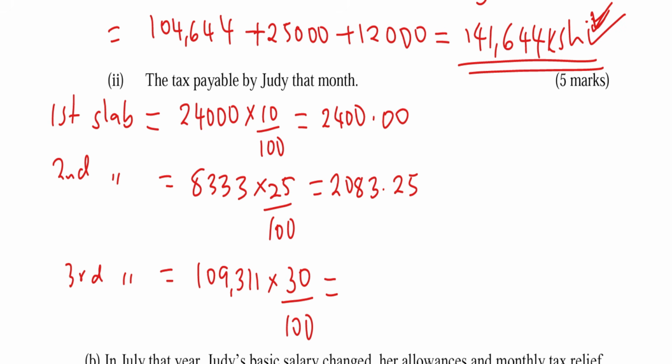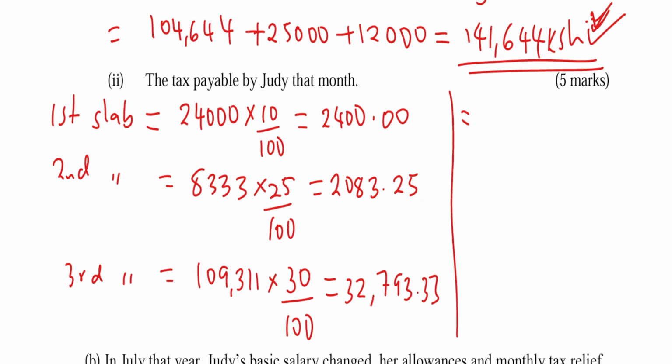So that 1 times 0.3, and it should give us 32,793.3. So again, I'm confirming using my calculator once more. So it gives us 32,793.33.